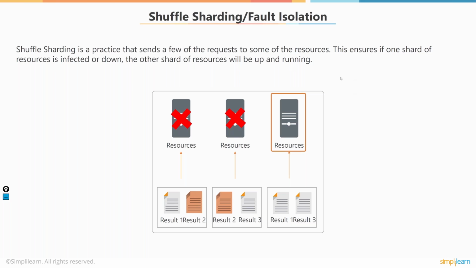Basically, what it means is you can set up systems in a way that you can forward specific requests to specific servers and make sure you get correct responses. If you don't, you can assume that the system or server behind it might not work correctly, and hence shuffle sharding, and that's pretty much what it is about.